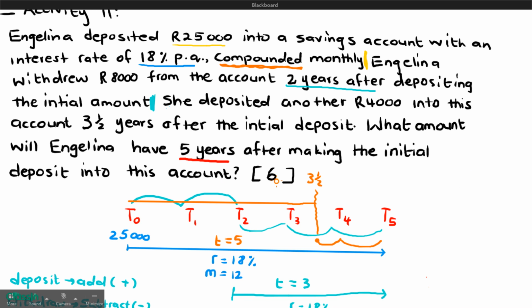So we do it with a timeline, remember the previous activity, activity number 10. I showed you that as long as they did not say there is any change, like you deposit a new amount, as long as they tell you that you are continuing with the same value, we look at what happened to the investment, because we are using one account.